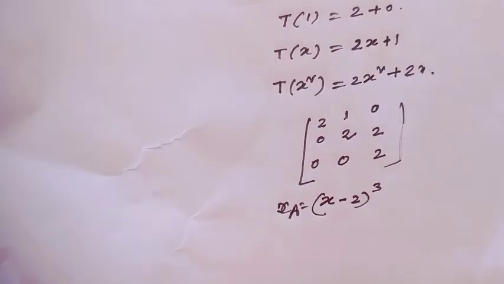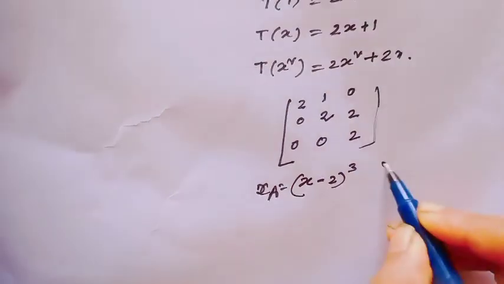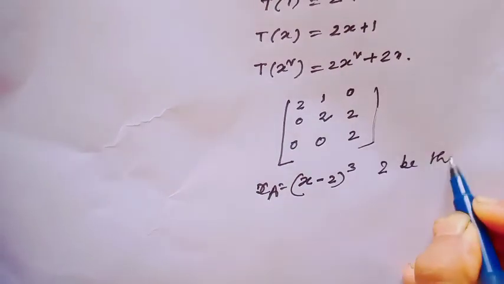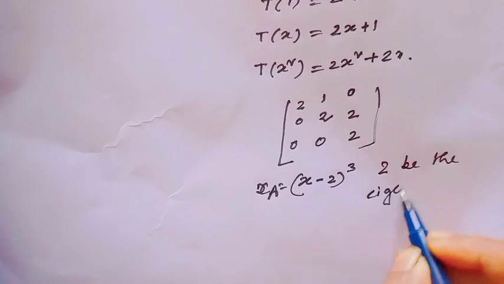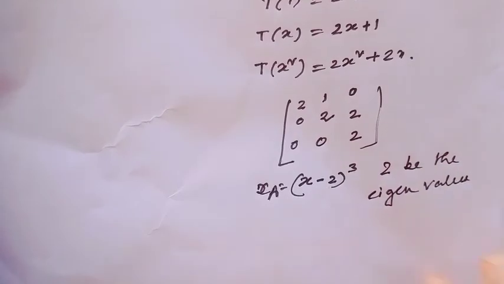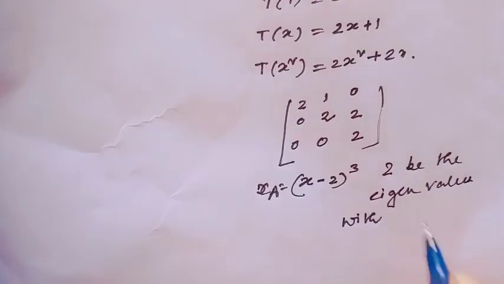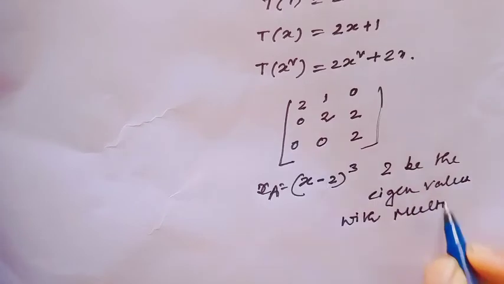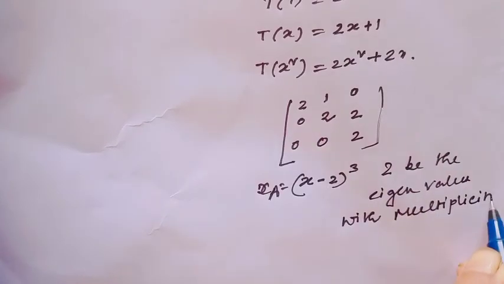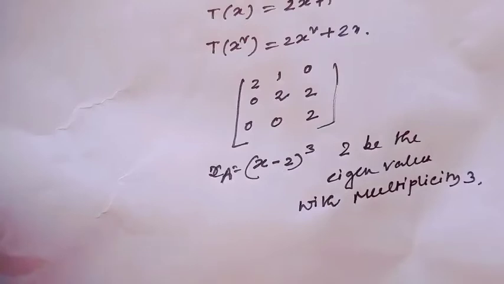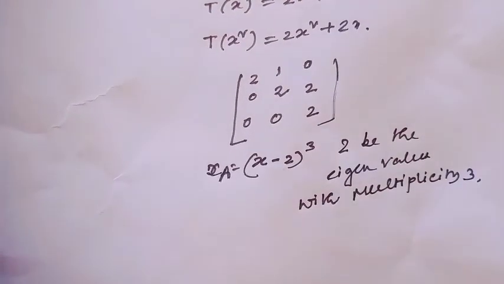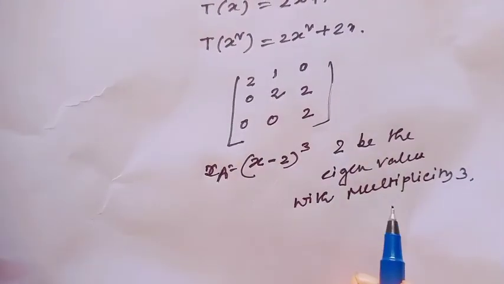Then what is the minimal polynomial? Obviously 2 is the eigenvalue with multiplicity 3. Now how many Jordan blocks exist for this eigenvalue?